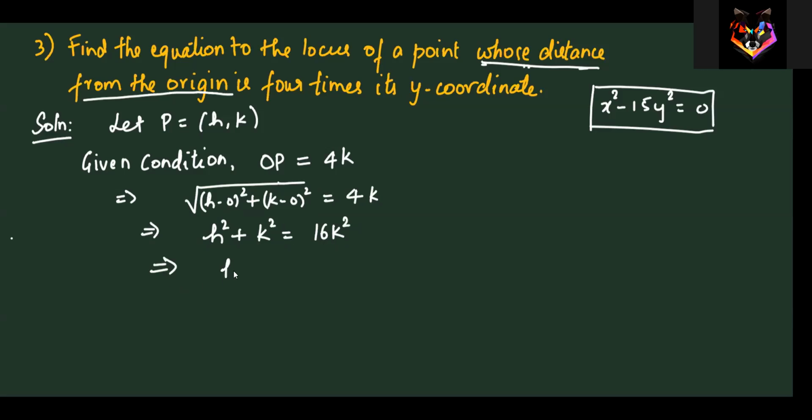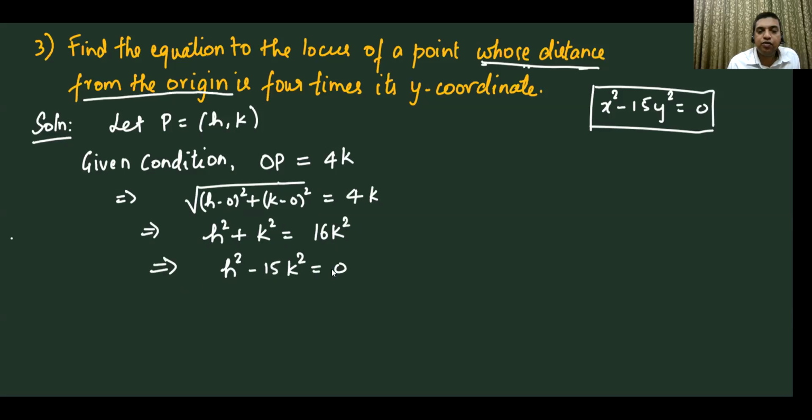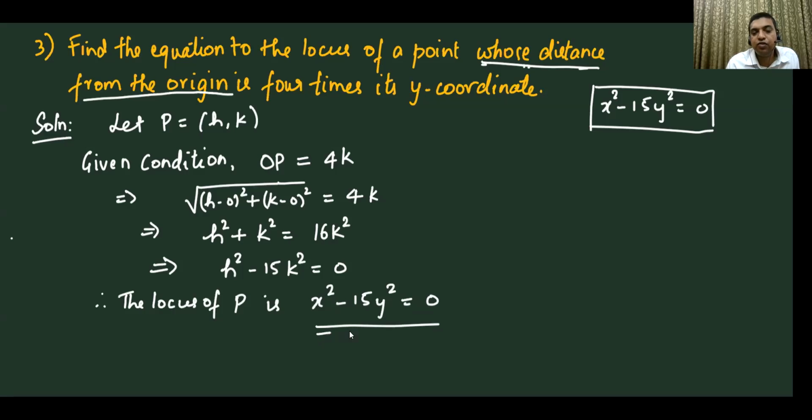So we get h square minus 15k square equal to 0. Therefore, the locus of P is, replace h by x and k by y, so x square minus 15y square equal to 0. This is the locus of P.